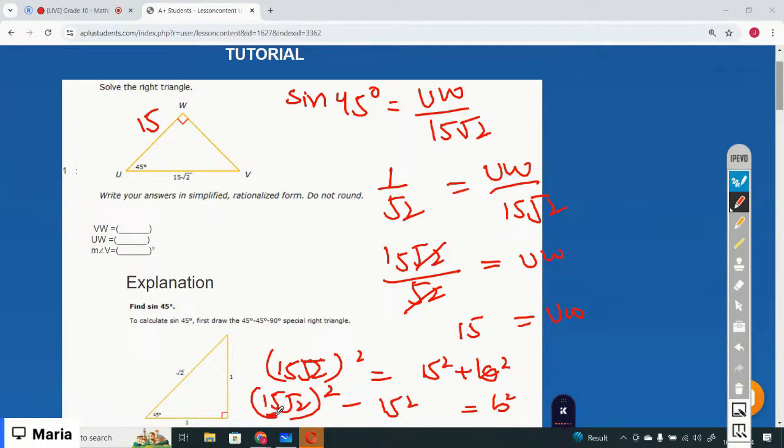So 450 minus 225 equals b squared. So b squared is 225, and b is also 15. So see, this side is 15, this side is 15, this is 15 square root 2, and the angles are 45, 90, and 45. So you can evaluate the triangle without comparing it to special triangles, right?